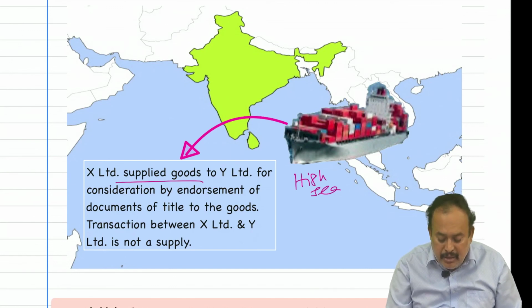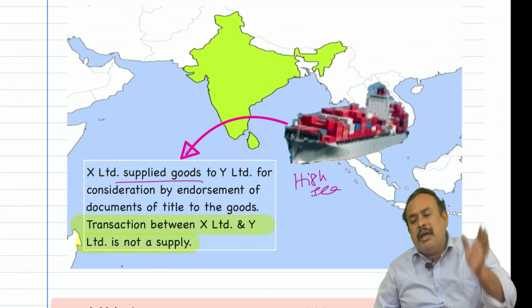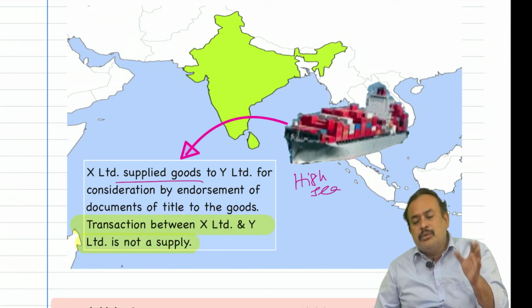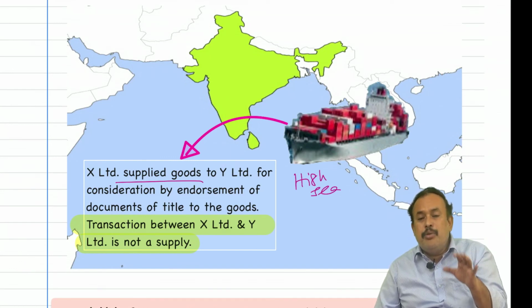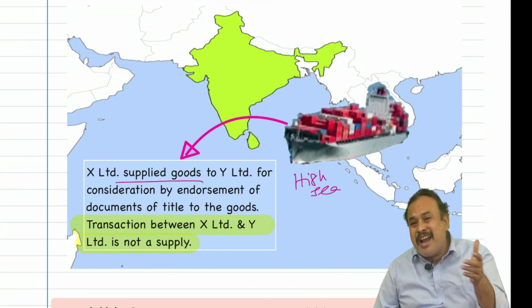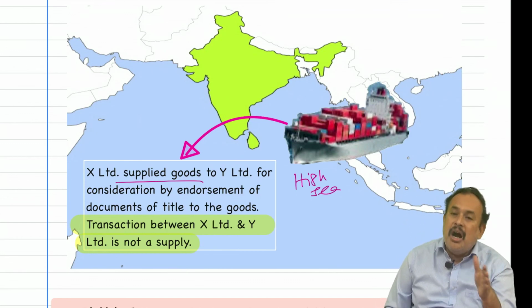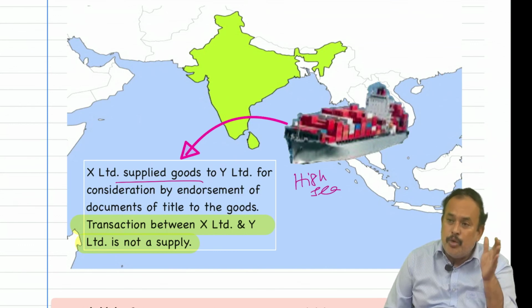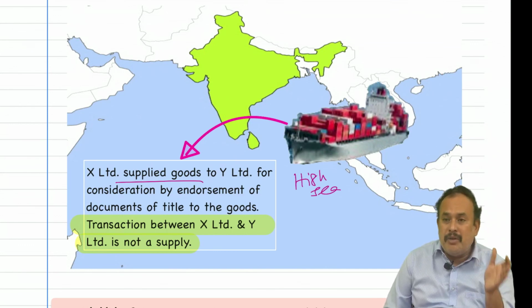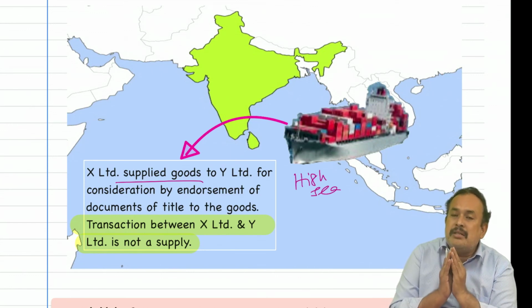The transaction between X and Y Limited is not a supply. The goods have been procured from high seas, where the importer supplied the documents of title and the goods even before the goods reach the Indian port, or before clearing for home consumption, before clearing for warehousing. That imported goods has been sold to somebody else, which is not a supply.